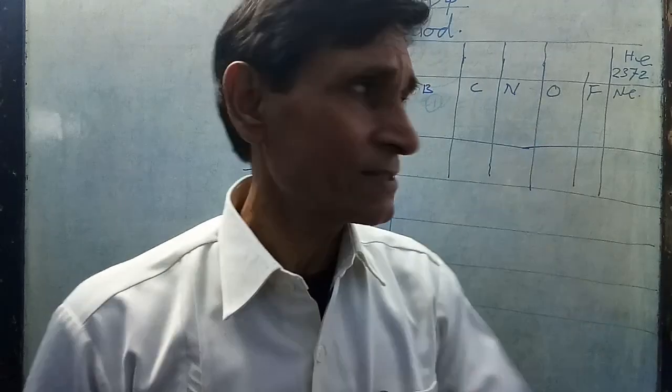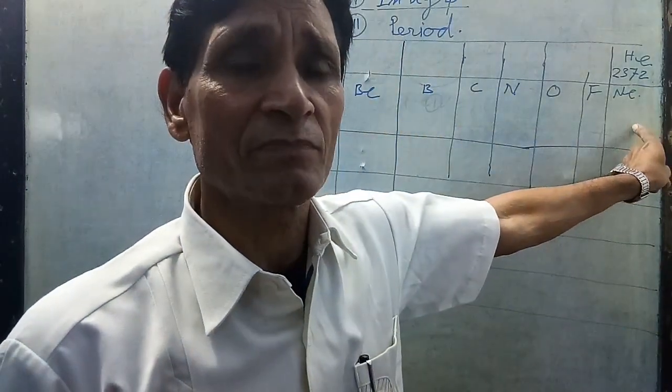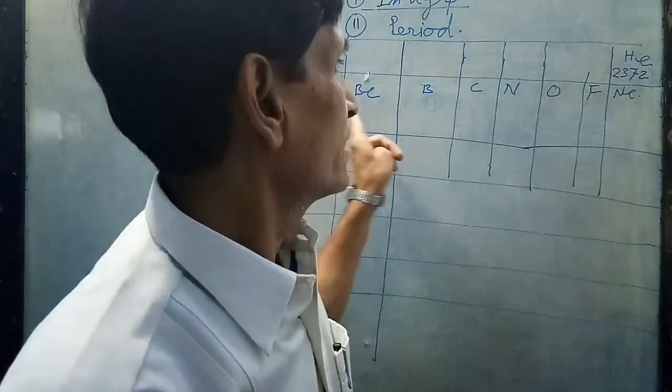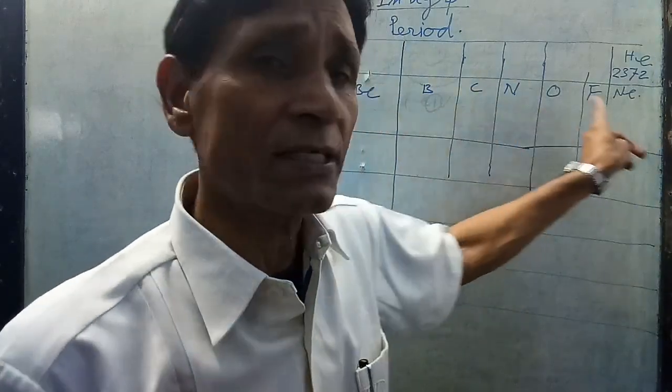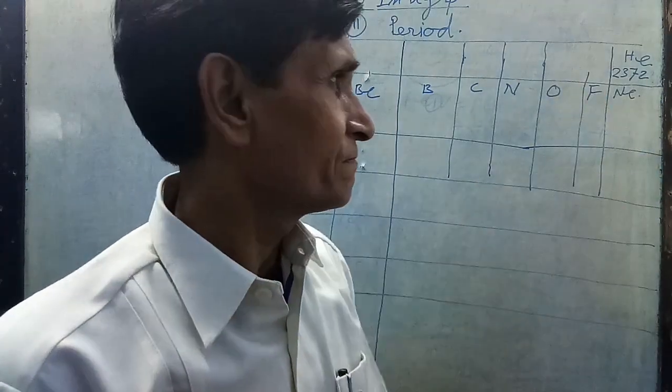Reason: this is the combined effect of some factors. Number one, nuclear charge increases with atomic number. Second, the number of shells will remain the same. When you are moving from left to right across a period, the number of shells remains the same. The incoming electron enters the same shell.